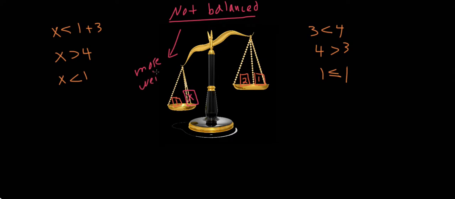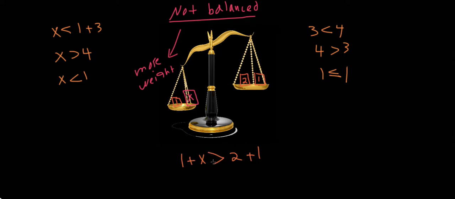So just knowing that, we can set up an algebraic inequality. Since we know that there's more weight on this side, we can set up an equation that expresses that. So we have 1 kilogram plus x kilograms. So we have 1 plus x is greater than, not equal to, greater than this side, which in this case is 2 plus 1. And this right here is an algebraic inequality.